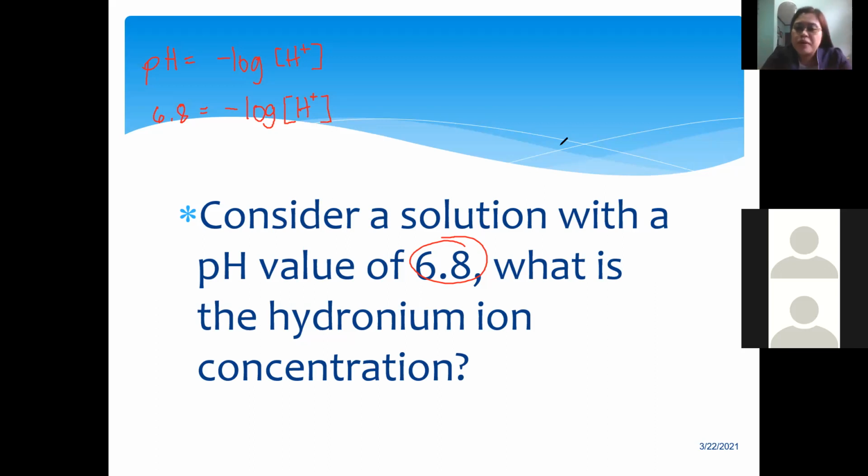Yung pagkuha ng 0.82. Syntax error. Syntax error. The correct answer here should be in scientific notation. Scientific notation dapat ito answer. Me drink water.